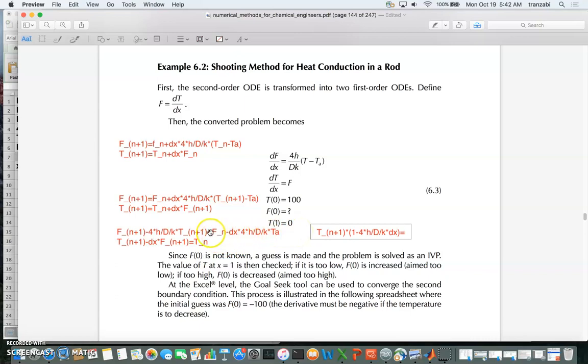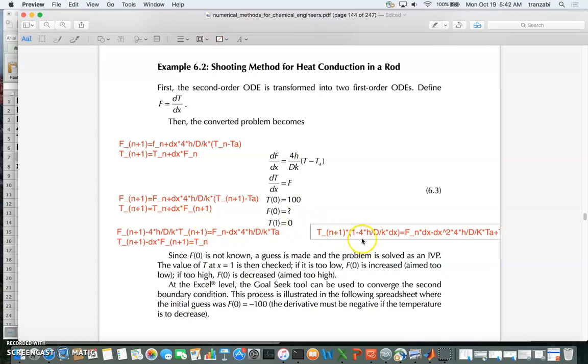The right side, I have fn times dx minus dx squared times 4 times h divided by d divided by k times ta. That's the right side of the first, and then plus the right hand side of the second, plus tn.